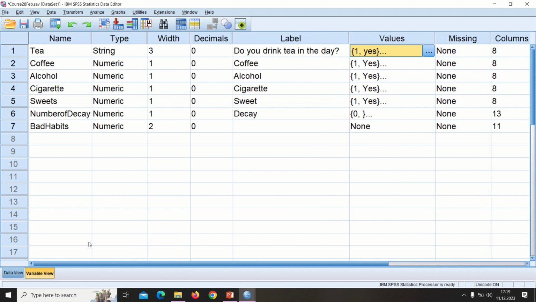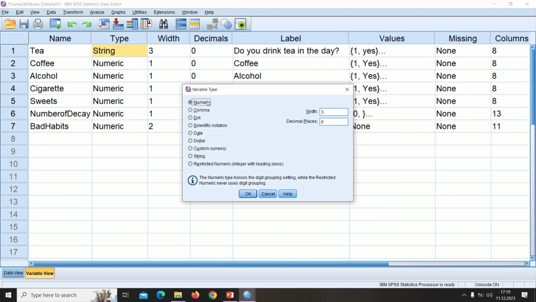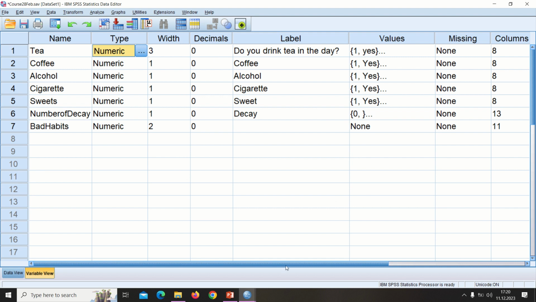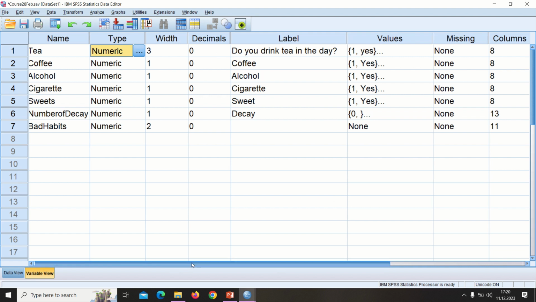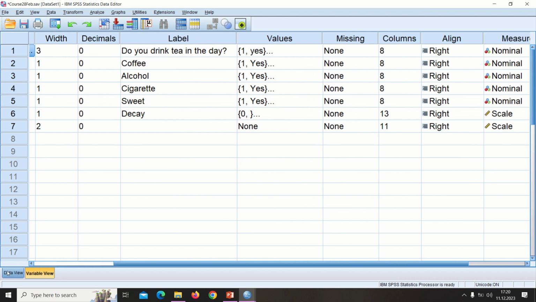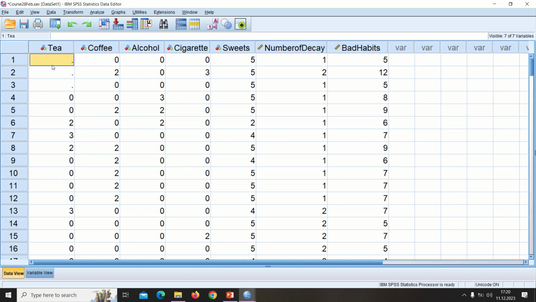And here now I have to define it as numeric because I'm going to write numbers 1 and 2 instead of yes and no. So I write numeric, okay. So there is some defined values, it says nominal, okay. So here, and now it doesn't accept it as it is.